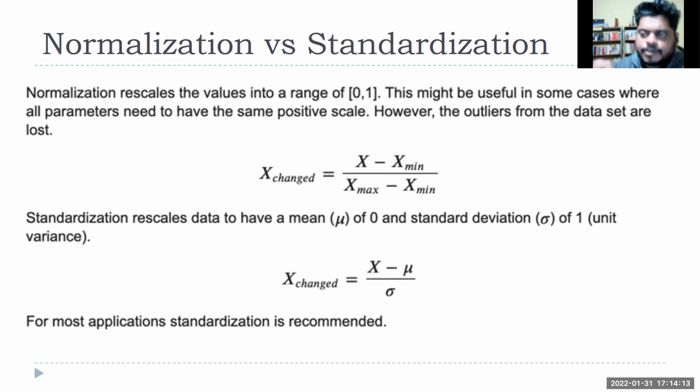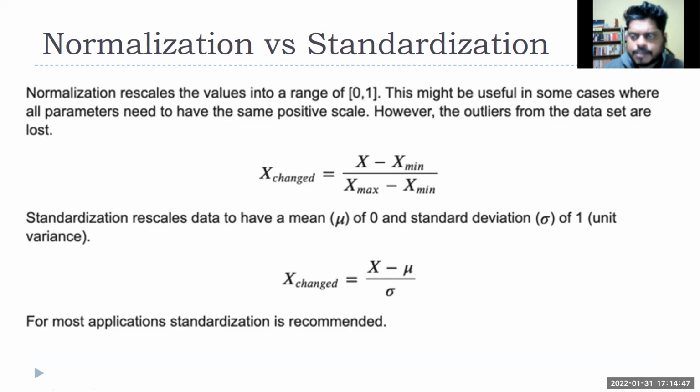In the original data, all the information is there. Now I'm changing that: 5 lakhs, the original data, minus X minimum, 2,50,000. Again, I'm taking an example. 5 lakh minus 2.5 lakh is 2.5, divided by maximum 17.5 minus 2.5, which is 15. So 2.5 divided by 15 is 1 by 6.